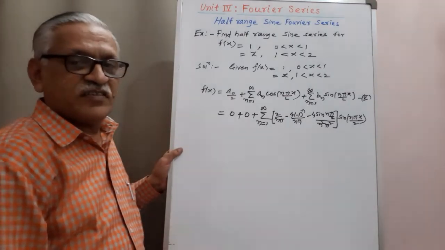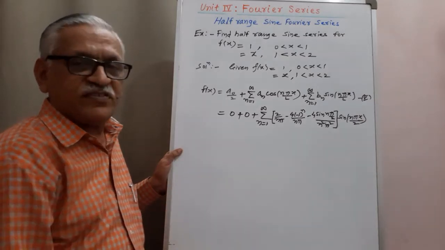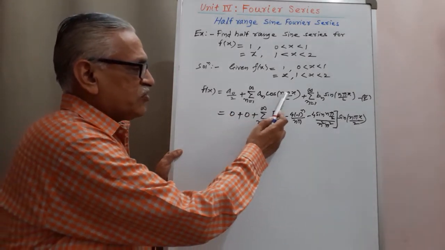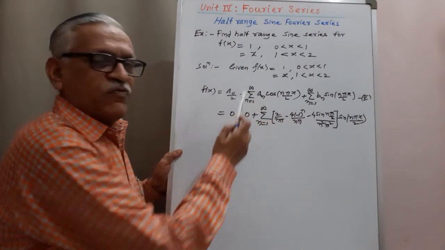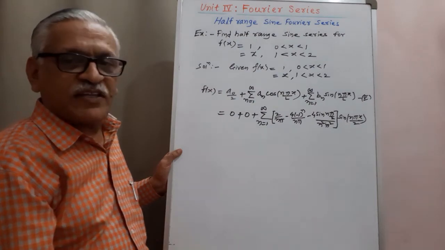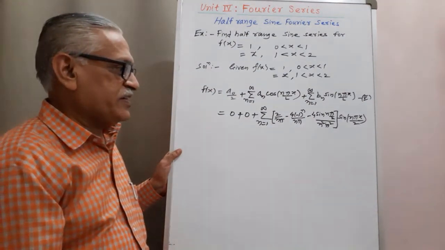The half range Fourier series is given by a0 by 2 plus summation of an cos n pi x by L, n changes from 1 to infinity, plus summation of bn sin n pi x by L, n changes from 1 to infinity.